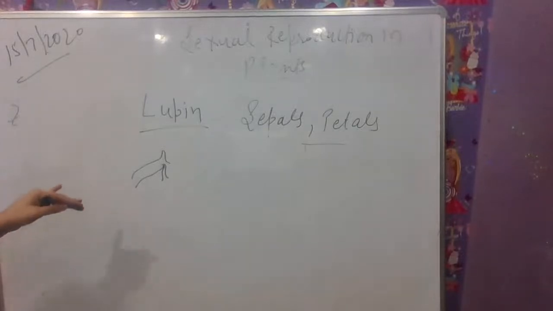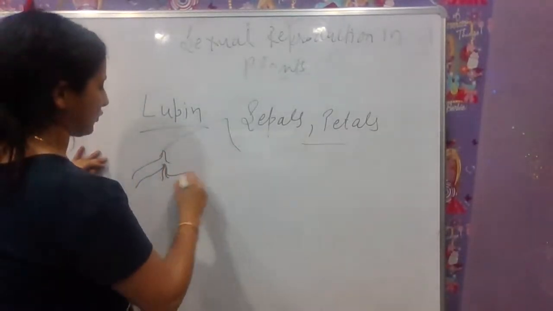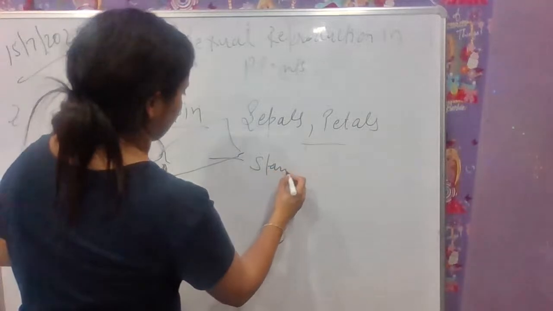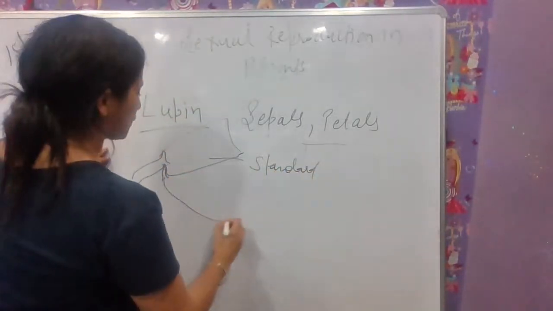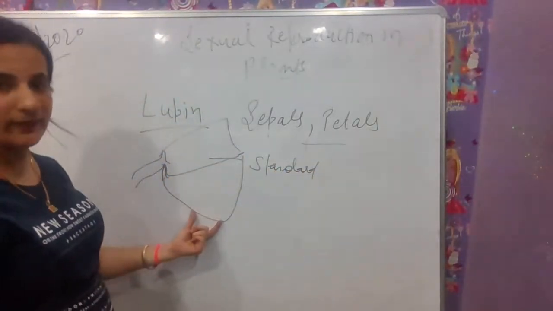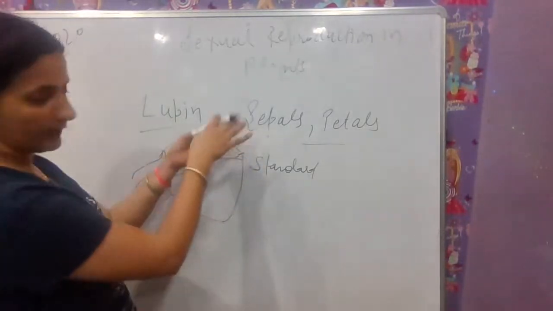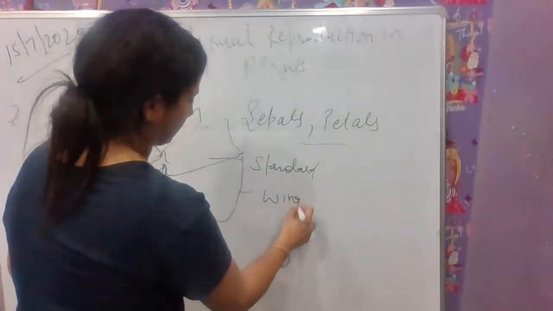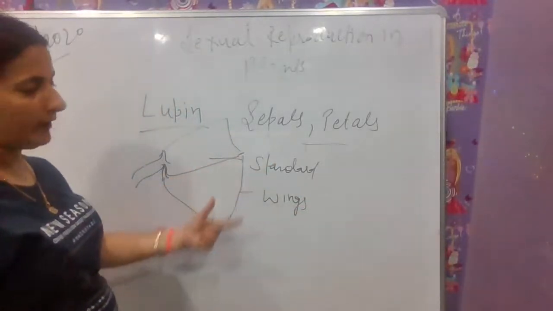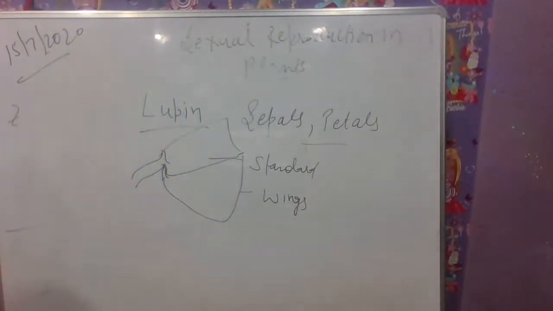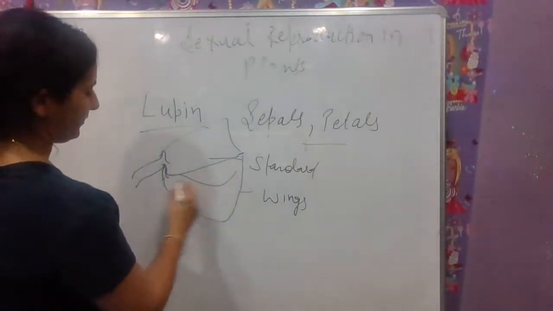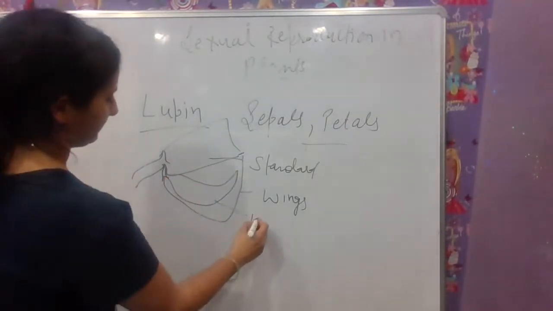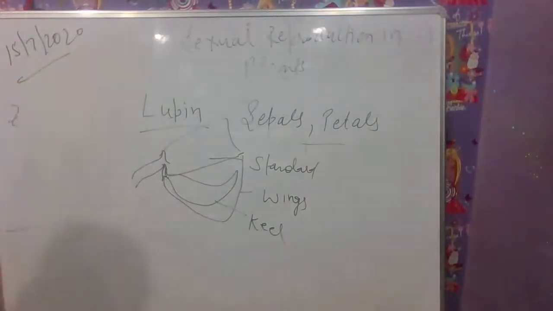The uppermost petal is called the standard. Two joined together small petals, one visible and one on the other side, are called wings. Every petal has a different name. And two petals are partially joined together inside the wings and form a boat-shaped keel. Is that clear? So this is the lupin flower.